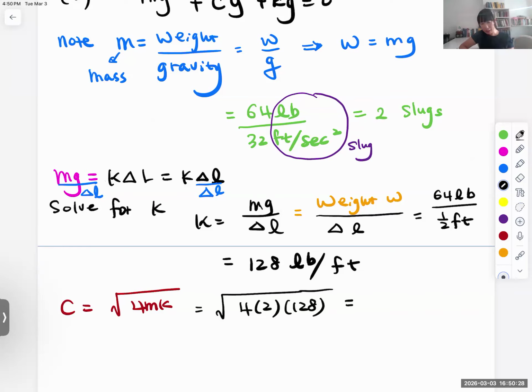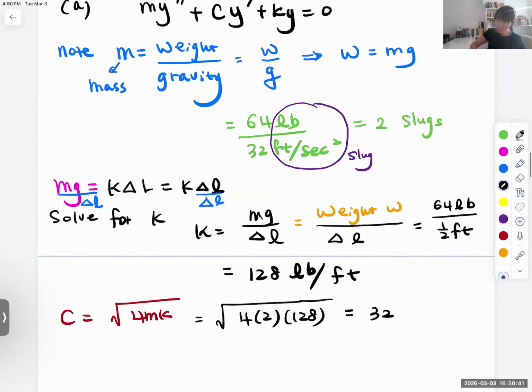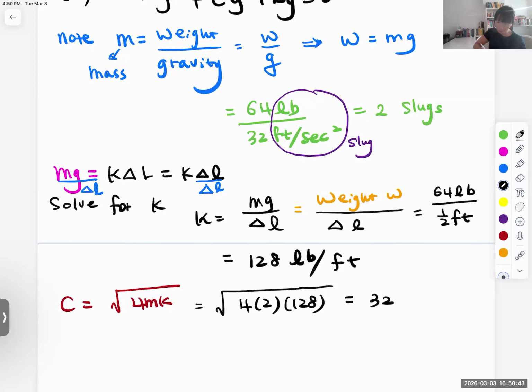Can you please calculate? 4 times 2 times 128, and then take the square root. We get 32. Very good. So we have m equal to 2, c equal to 32, and k equal to 128.